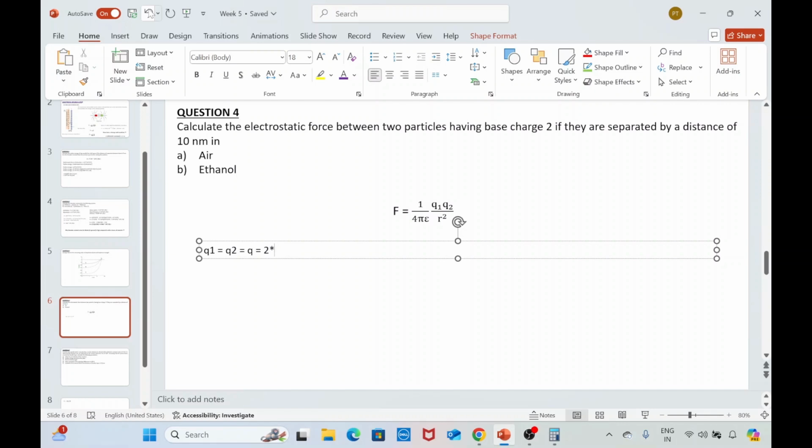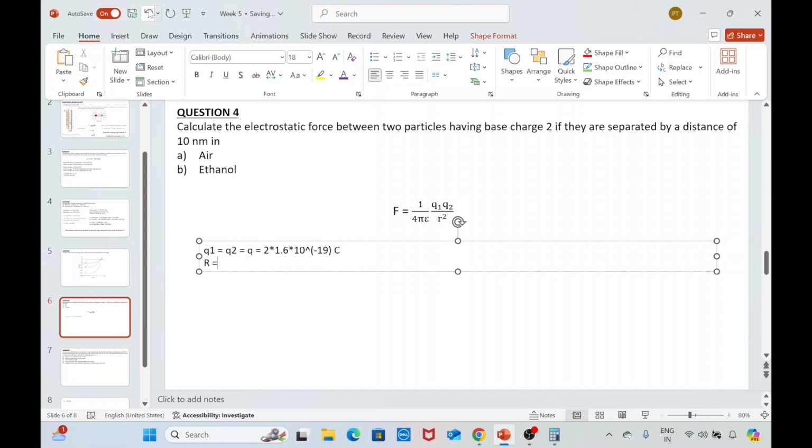We need to multiply this with the charge of the electron, that is 1.6 times 10 to the power minus 19 Coulomb. So this is the charge of the two particles.